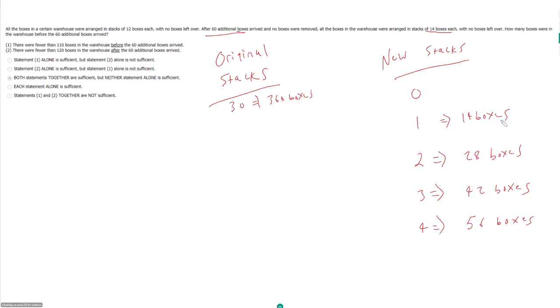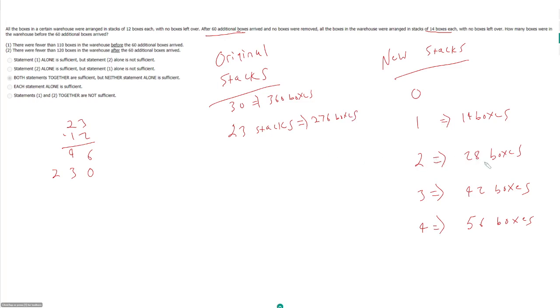And so we have 46 left over to give to our original stacks, but 2 each get added to a stack. So that means we had 23 stacks originally. And what's 23 times 12? 276.